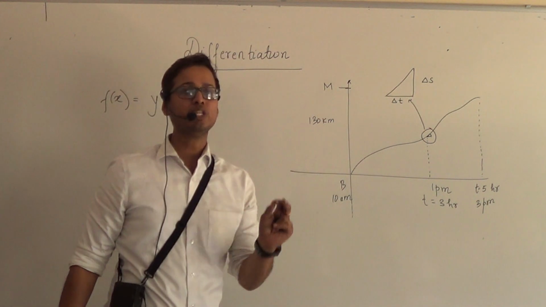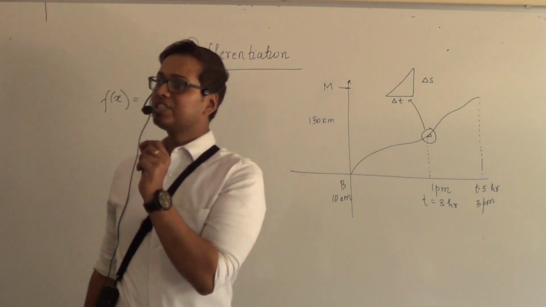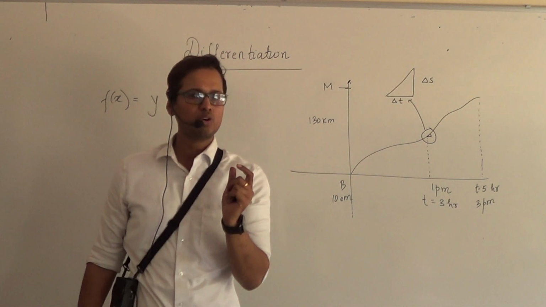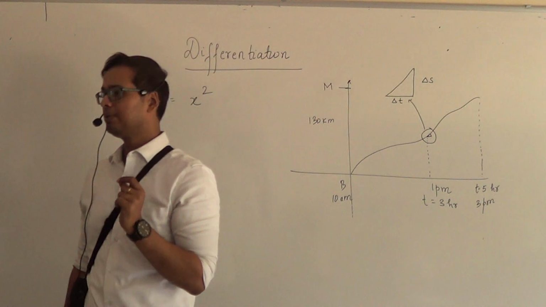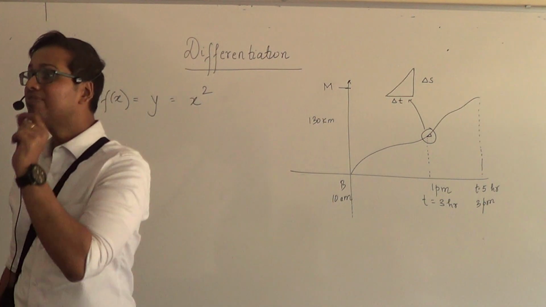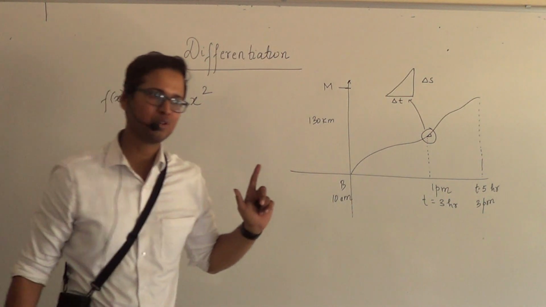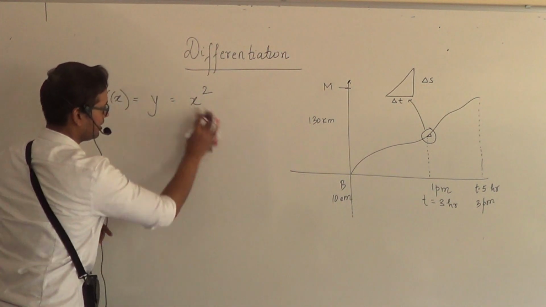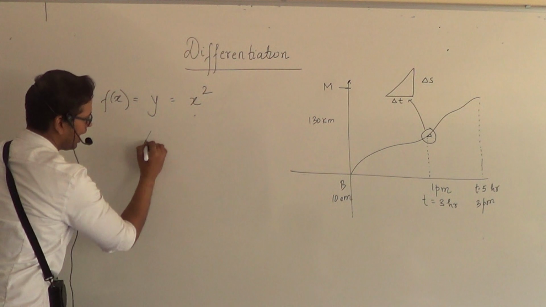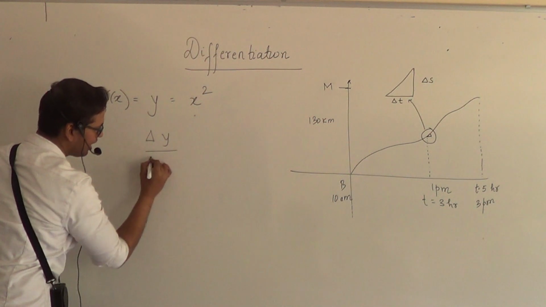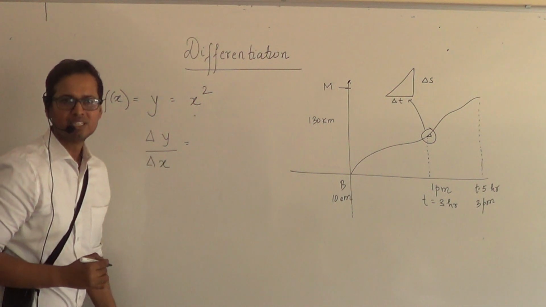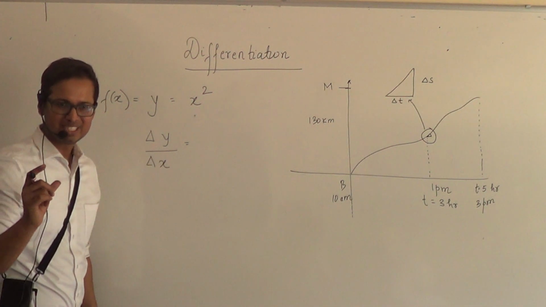Exactly. So now I'm trying to see how much is going to be the ratio of the change of the output by changing the input at a given position of x. Okay? So let us say I want to find delta y by delta x. Now what is delta y? Change in y. Correct?